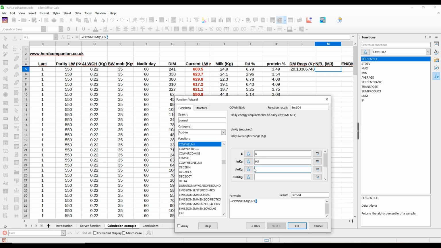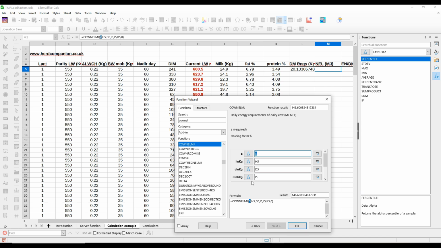Here, live weight change, this one. Yes, correctly. Milk fat, milk protein, and day is pregnant. Of course I don't have this now, I shall just use 0.